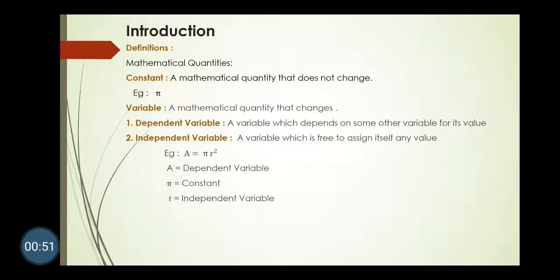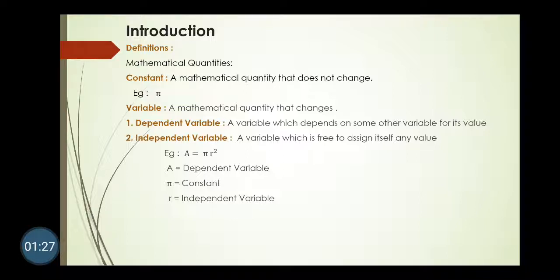In the numerical term, there are numeral values like 1, 2, 3, 4 and 1000, etc. In the alphabetical form, we have x, y, z, etc. In numerical terms, the values are fixed and do not change. Therefore, such terms are called constants. In mathematical language, a mathematical quantity that does not change is called a constant.